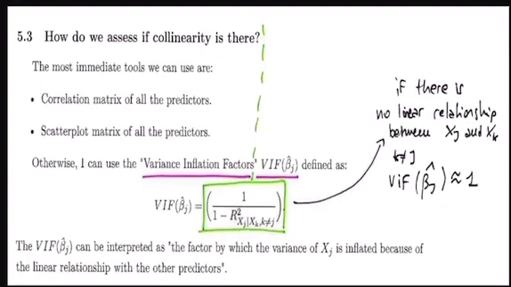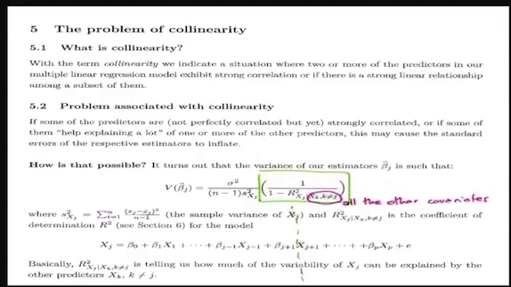And let me also say this. In a situation where no relationship exists at all between explanatory variables, you expect that R square to be 0, right? When R square is 0, the VIF will be very close to 1. Does that make sense? And if the VIF equals 1, then it means the variance of an estimator has not been tampered with.